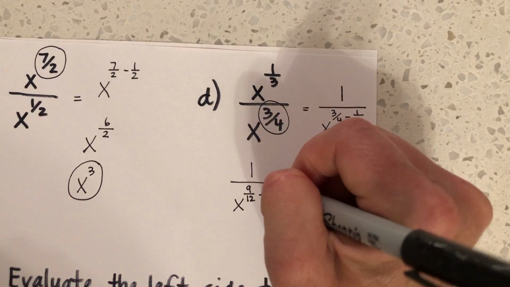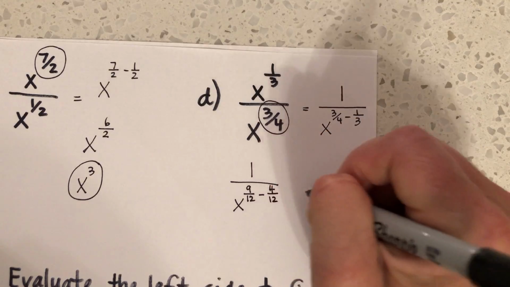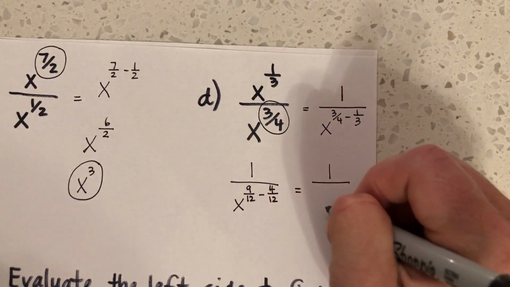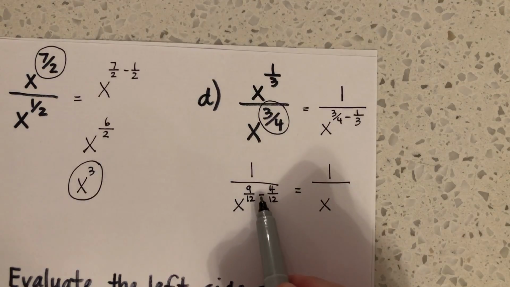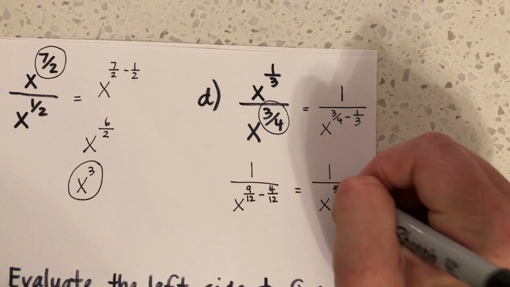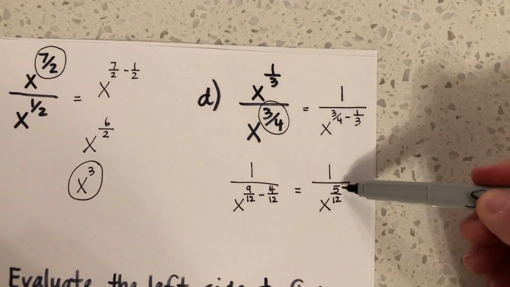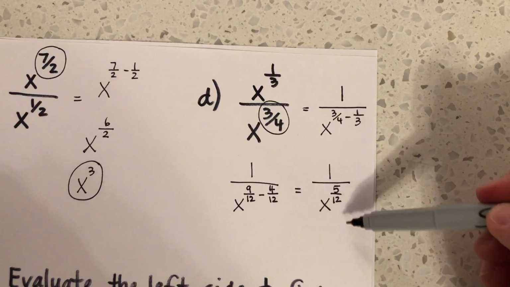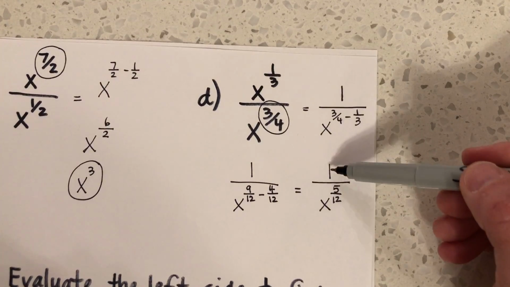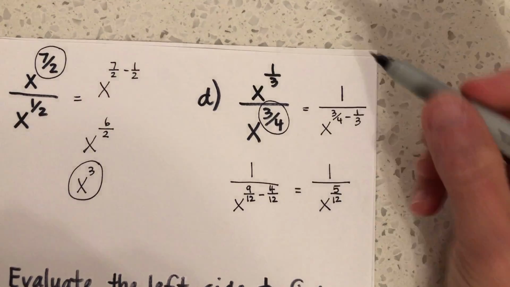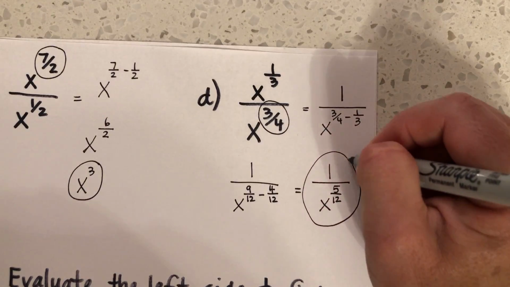So that'll be 4 over 12. And then that's going to equal 1 over x to the 9 minus 4 is 5 over a common denominator of 12. And now if 5 over 12 divided or reduced, you want to do that, but it doesn't. So that's your final answer: 1 over x to the 5/12.